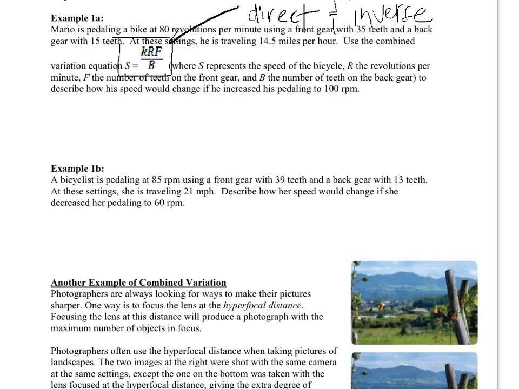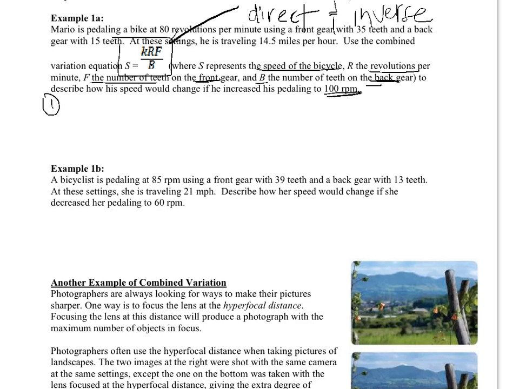So S represents the speed of the bicycle, R are the revolutions per minute, F are the number of teeth on the front gear, and B are the number of teeth on the back gear. Describe how his speed would change if he increases pedaling to 100 RPMs. Okay, so if we think back to that step 1 we just saw, we're going to find an example that relates all the variables, and we have it already.